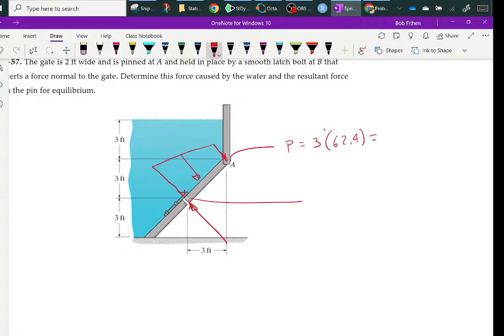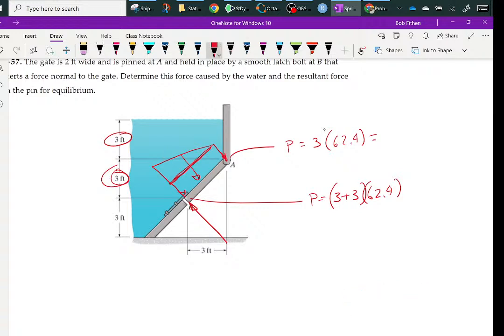Believe it or not, I drew it pretty close to scale there. It is another 3 foot down lower. So the pressure at the bottom is going to be 3 plus 3, times 62.4. However, if I take this load off and look at it, call this the F.